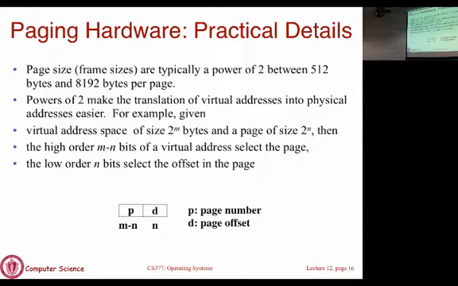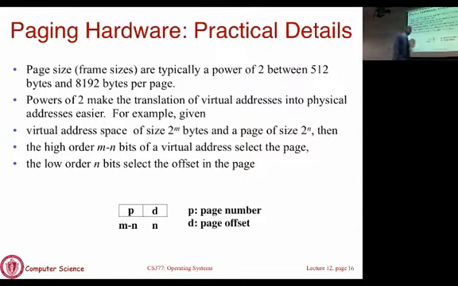I hope people know binary arithmetic. So 0, 0 is 0, 0, 1 is 1. So that's the same as 5 by 4. And the offset was 5 mod 4, that was 1. So if you take the low order bits, you get the offset. What we are simply saying is, in the special case when the page size is some exponent of 2, you don't really need to do the division and the mod.